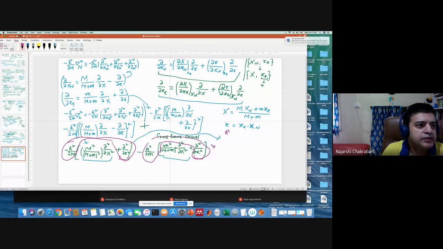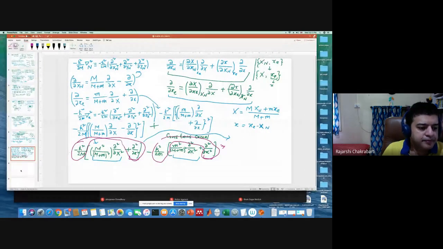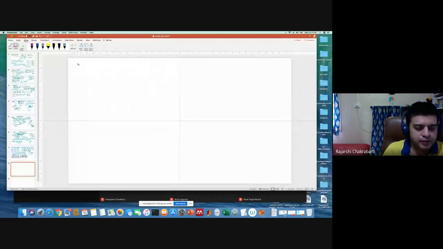Okay, I'll go to the next slide. Just go to the next slide. So if I combine these two, you'll see that I'll have something like minus h cross square by 2, and then I'll have 1 over m plus 1 over small m, and then I'll have something like this.